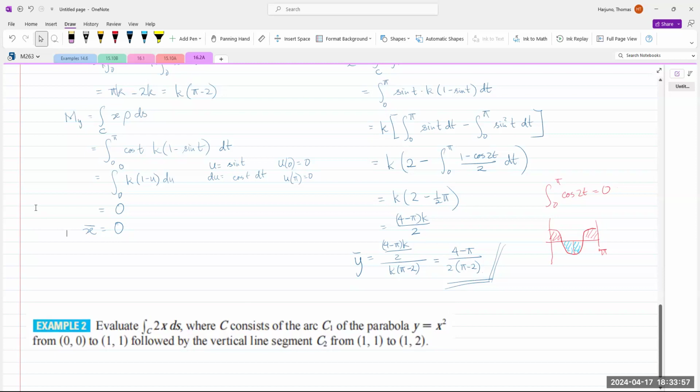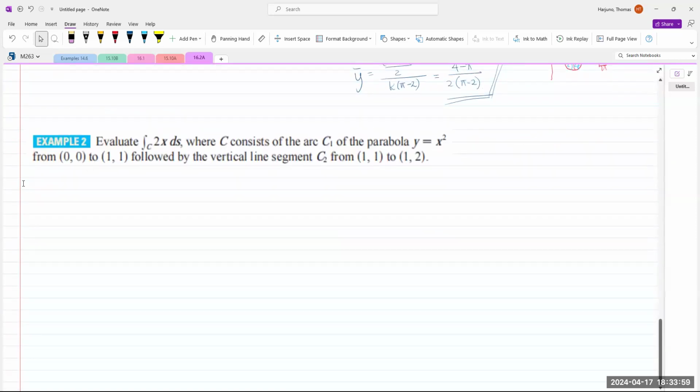Now evaluate the integral over curve C of 2x ds, where C consists of arcs. C1 is the parabola y equals x squared from (0,0) to (1,1). So this is our C1.